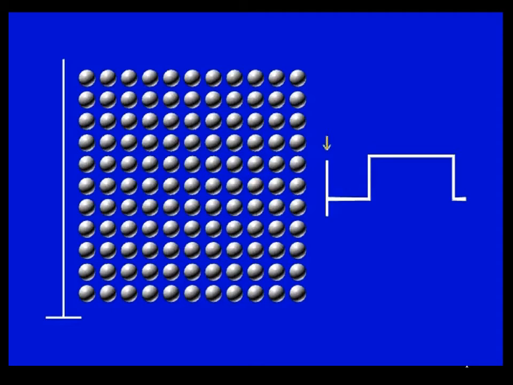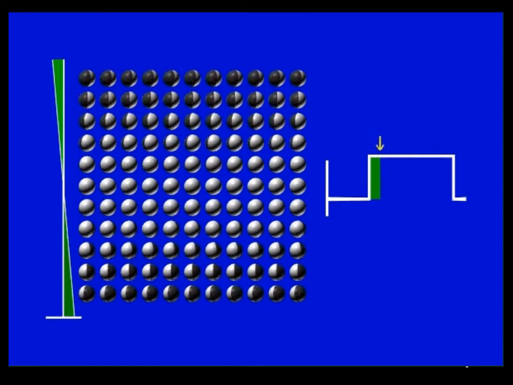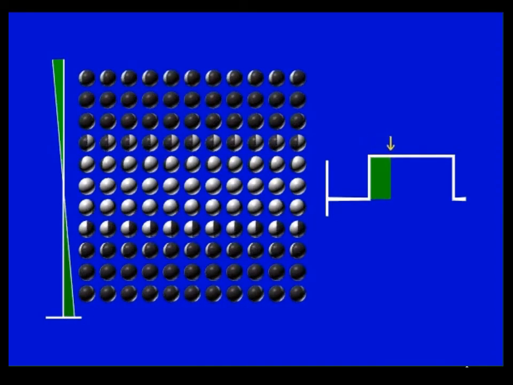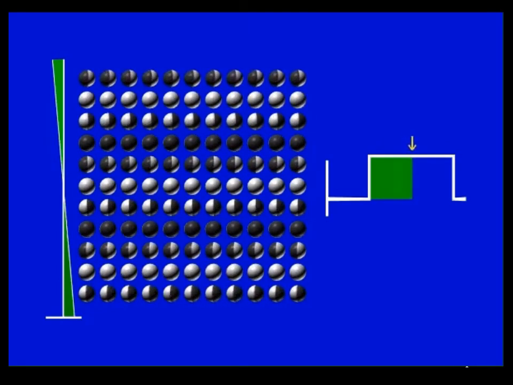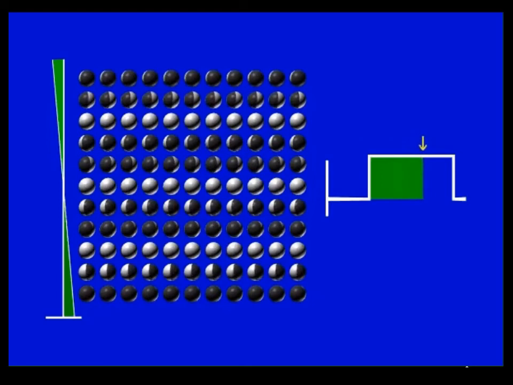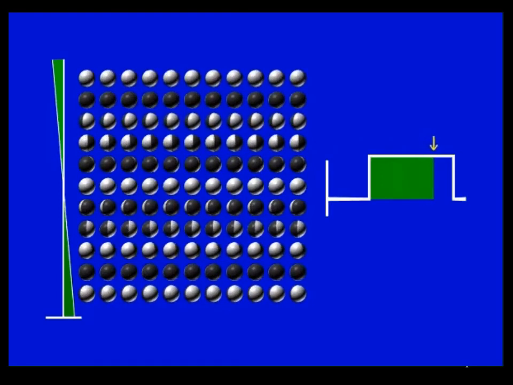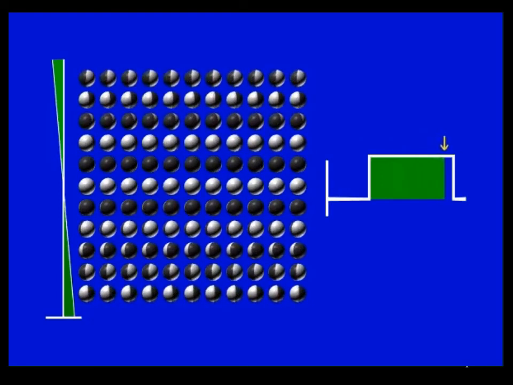Watch the animation. When the gradient is first applied, we get low spatial frequency information in the y direction. As it's applied for a longer and longer period of time, we get higher and higher spatial frequency information in the y direction until we get the maximum at the completion of the application of the gradient.